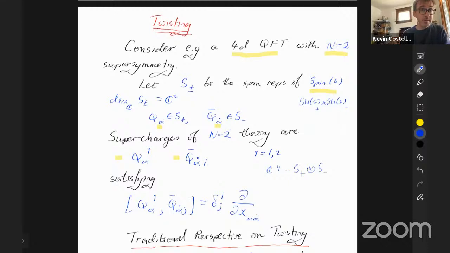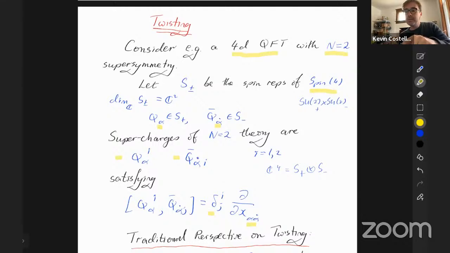So in Penrose's notation for spinors and gamma matrices, instead of having an index for vectors, we write a vector as having a pair of indices, one dotted, one undotted. So x alpha alpha dot indicates a vector. Now the commutation relation in the supersymmetry algebra is simply that the anticommutator of Q and Q bar is delta ij times translation in the direction of this vector.